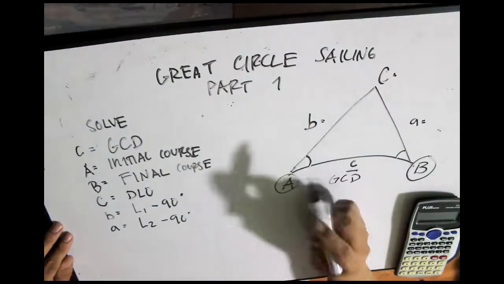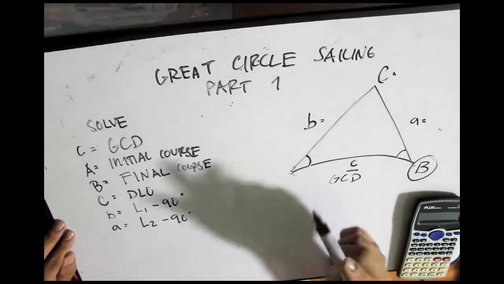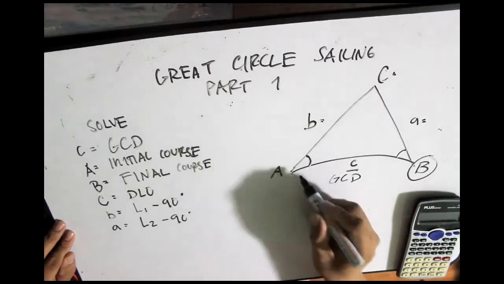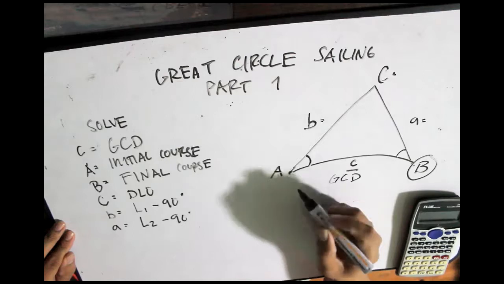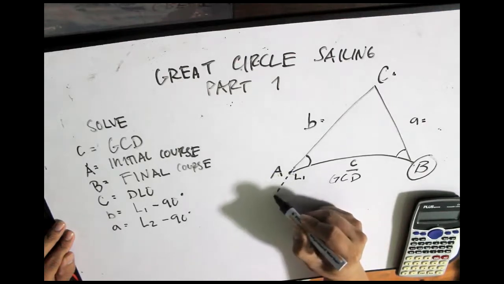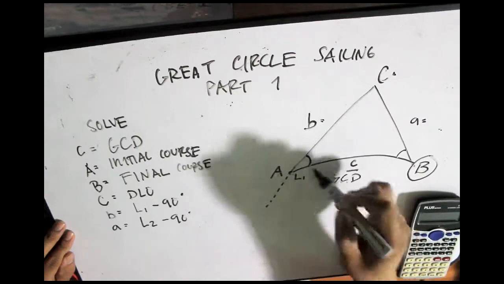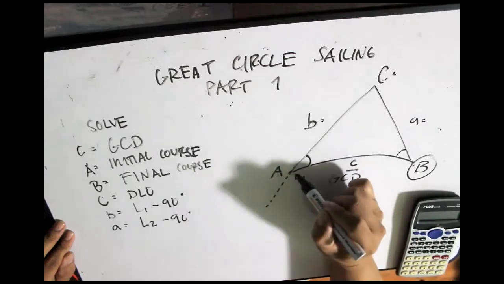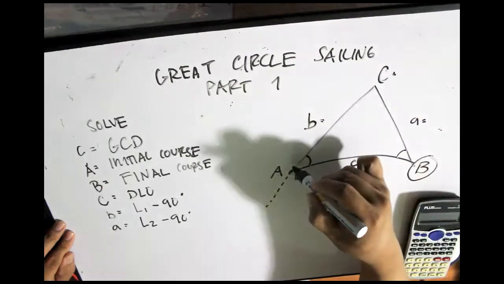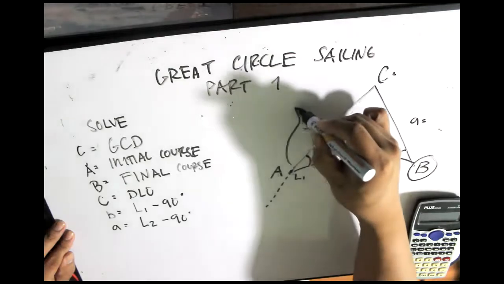If this would be the latitude, no? Okay, yung latitude 1 mo yan, no? May extension yan. Okay. So we are looking for the distance from your latitude to the pole. Okay, so kukunin natin yung distance nito.